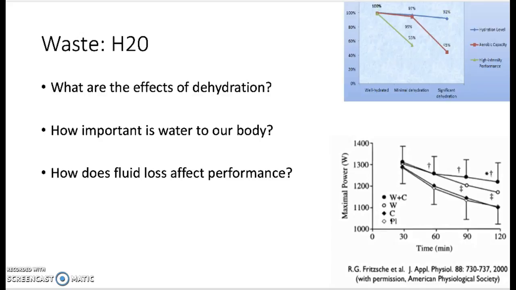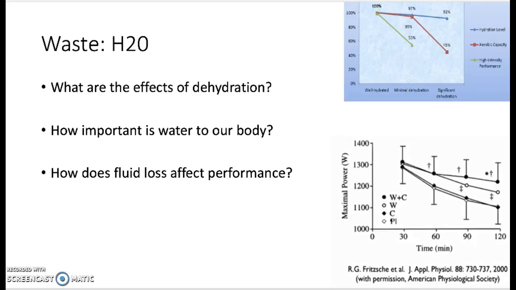In the top right image you can see that aerobic capacity significantly decreases from 97% to 45% from significant dehydration. This is because we lose weight, so after 1 to 2% of weight loss, body temperature increases.